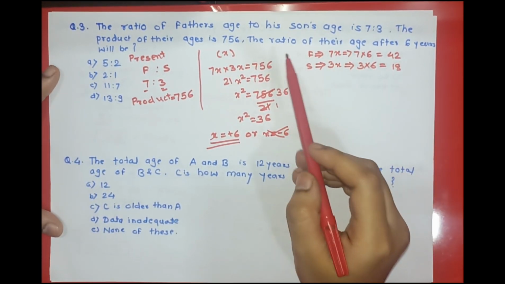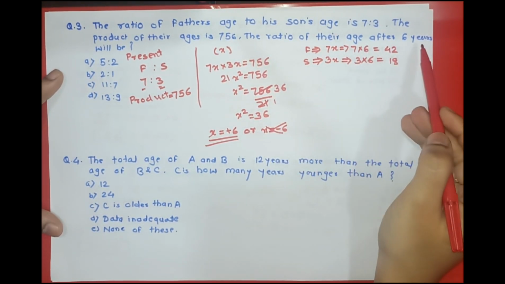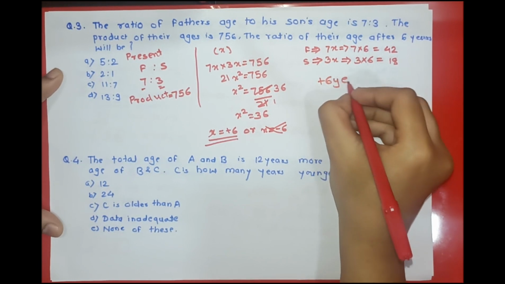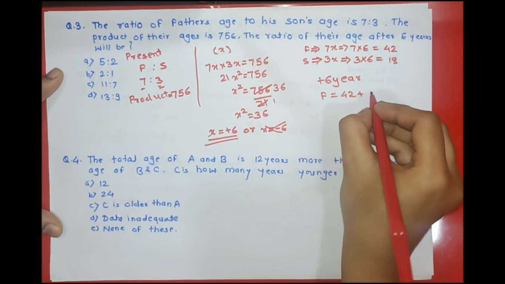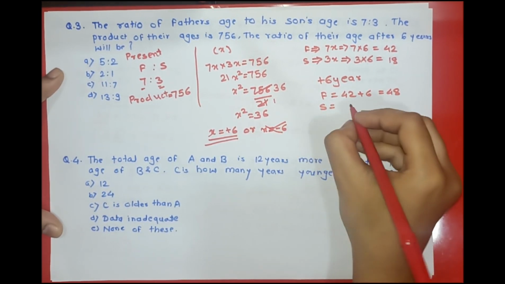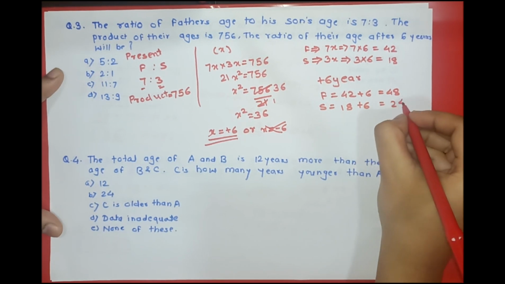Now in the question we have been told to find out the ratio of their ages after 6 years. So after 6 years, father's age will be 42 plus 6, it is 48, and son's age will be 18 plus 6, which is 24.